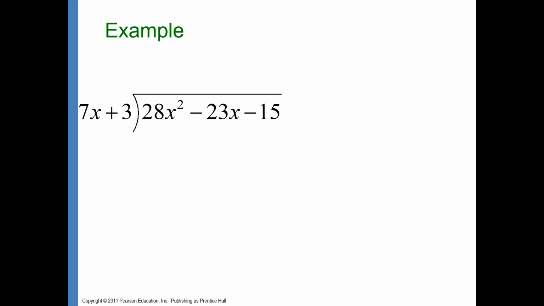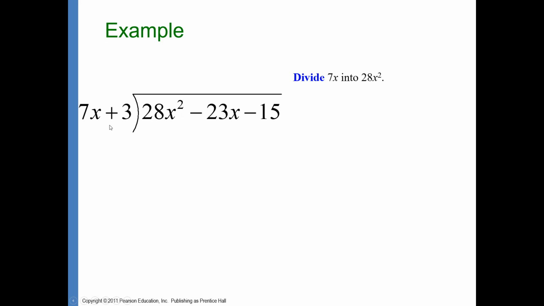What we're going to do here with polynomials is only look at the leading terms. How many times does the leading term outside divide into the leading term inside? That's equivalent to that first step where we're dividing a number by a number. So step 1, divide 7x into 28x squared.